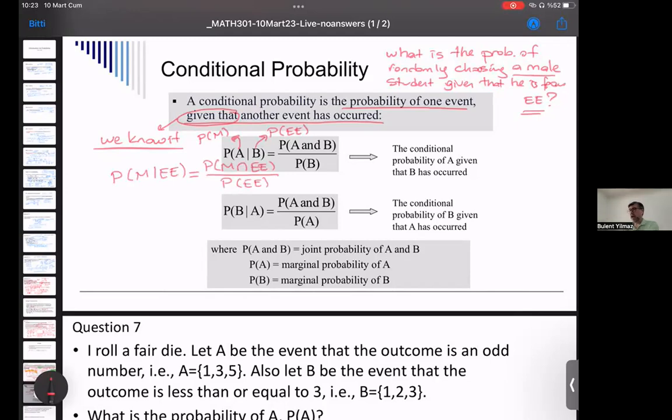I'm going to check all the electrical engineering students and find out which ones are male. What's the probability of obtaining a male student from the electrical engineering group out of the whole electrical engineering group?